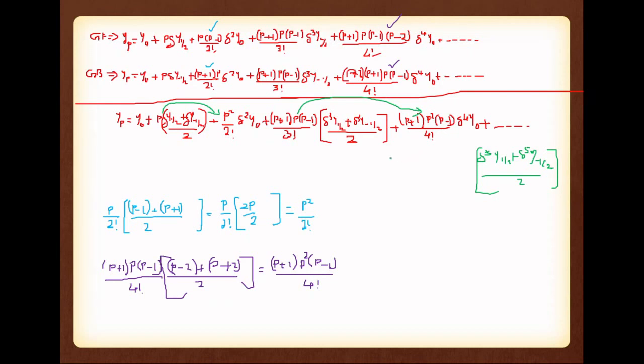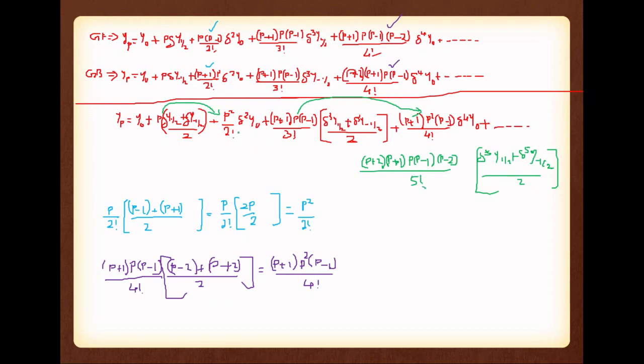So what about the next term? Remove one p, then add both p plus 2 and p minus 2. So the next term is p plus 2, okay, into p plus 1 into p into p minus 1 into p minus 2 divided by 5 factorial.